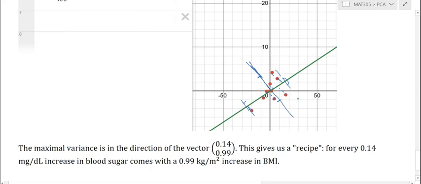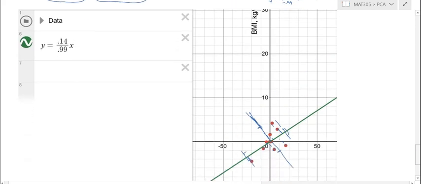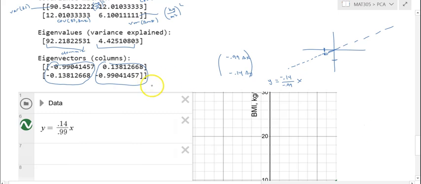But that is the second direction of most variance. If we had 10 eigenvectors for a problem, in descending order of the magnitude of their eigenvalues, it would tell us the direction of change.